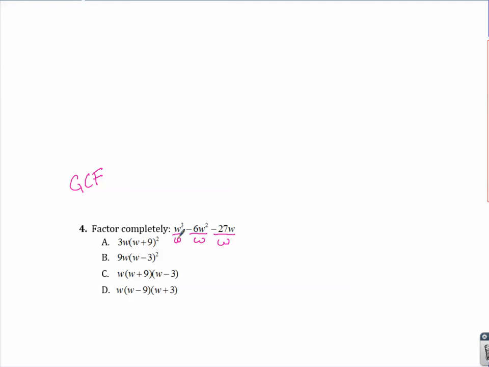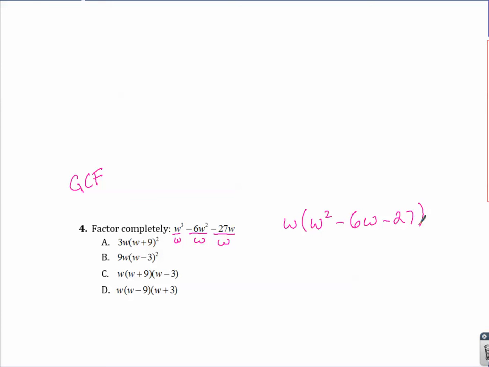I take out a w, so that's on the outside. If I divide out a w from w cubed, I have w squared left. If I take a w out of negative 6w squared, I'm left with negative 6w. And if I take a w out of negative 27w, I'm left with minus 27.